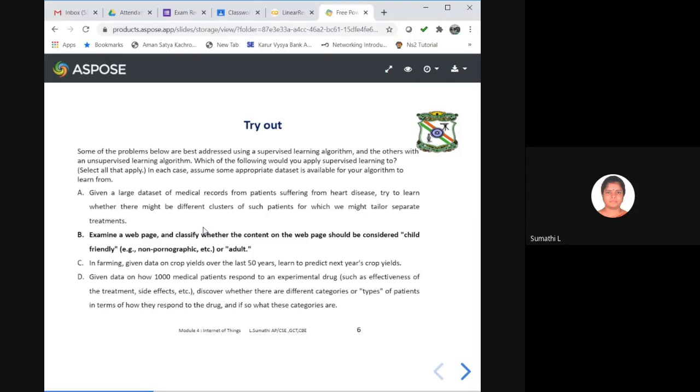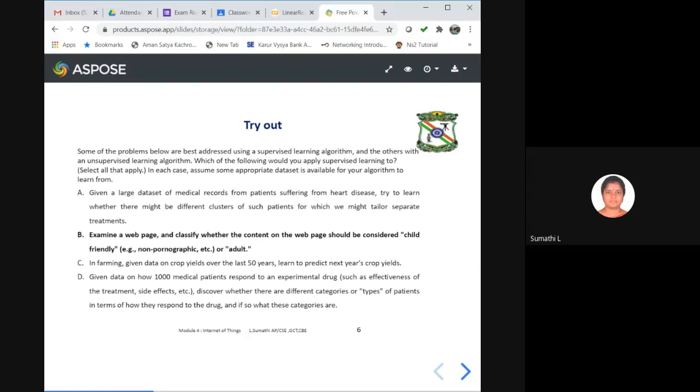Here I am telling you what you want to do. I will give you a web page and tell you the label that it is child friendly or adult. When I give a web page, I will also tell you that if the content of the web page is this and this, then it is child friendly. If the content of the page is not this and this, then it is for adults.